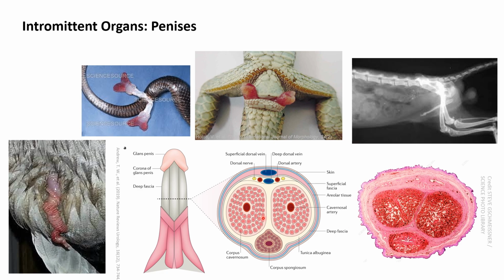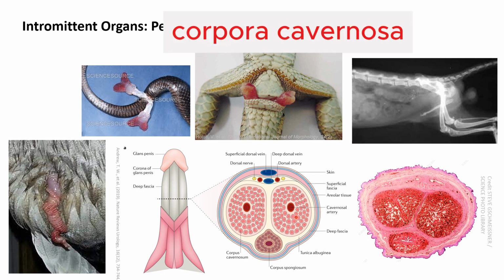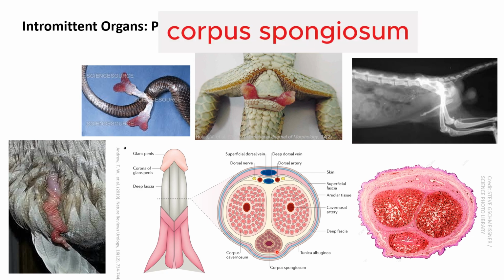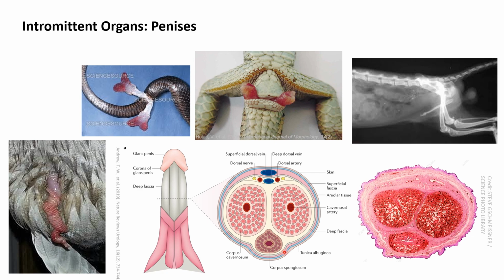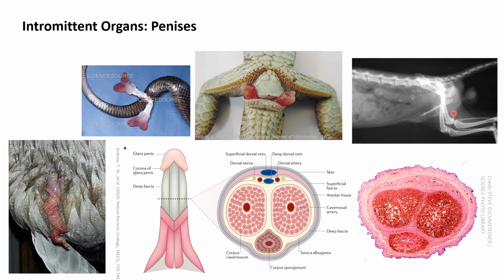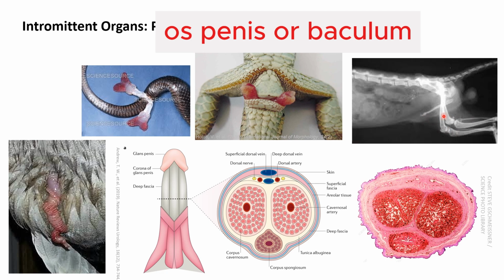These are the corpora cavernosa and the single unpaired corpus spongiosum. The urethra passes through the corpus spongiosum and is called the spongy urethra. Some male mammals, like dogs, also have a bone inside their penis to help with erection. This bone is called an os penis or baculum. Humans have lost the baculum for reasons yet unclear.